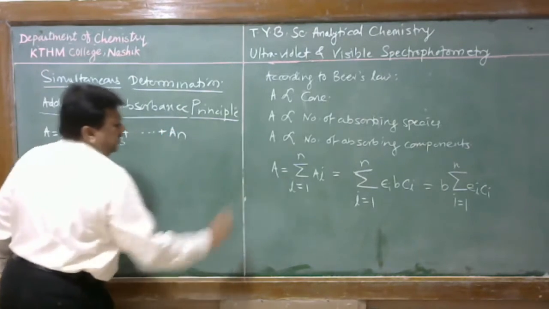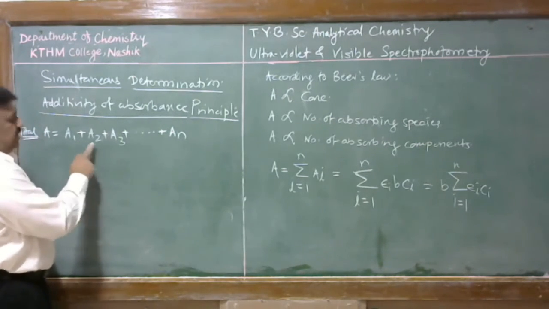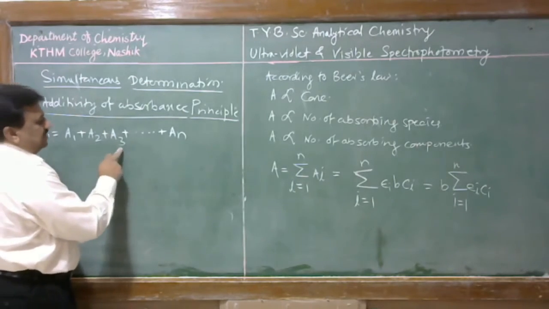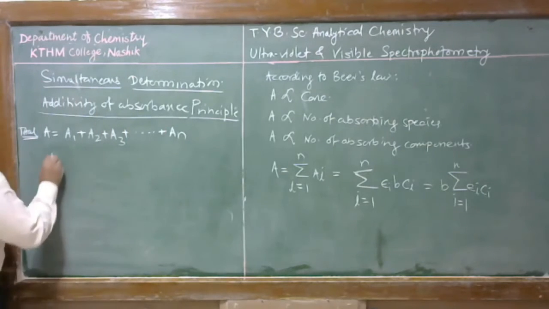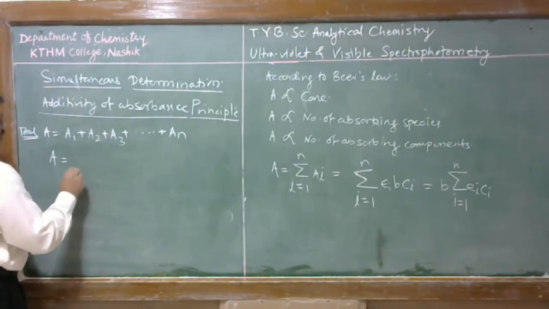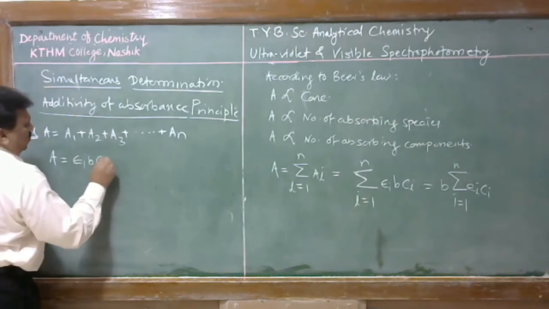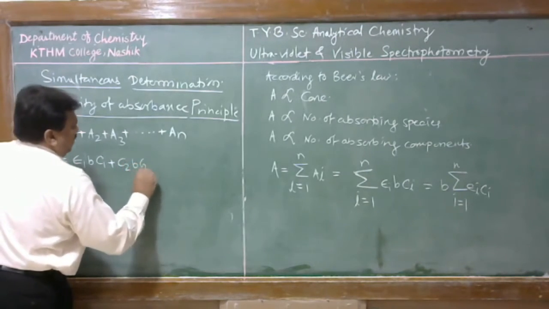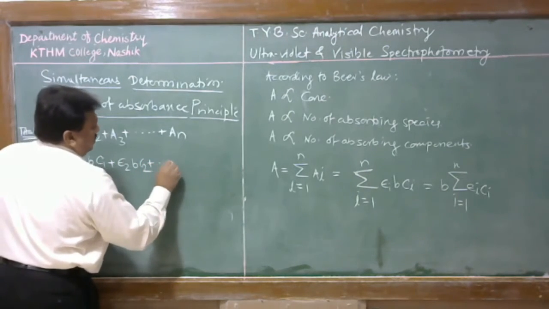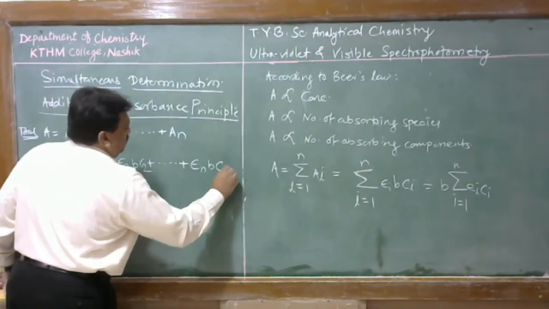According to this equation, total absorbance is equal to the absorbance of the first component plus the second plus the third plus the absorbance of the nth component. And therefore total absorbance A is equal to epsilon of the first component into b into C1 plus epsilon 2 b into C2 plus epsilon n into b into Cn.